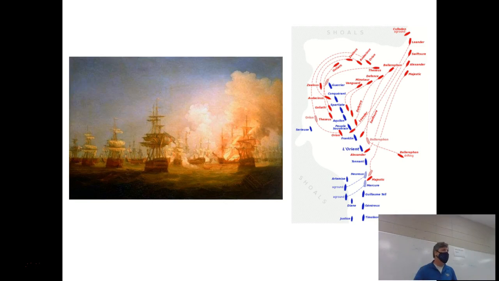Napoleon was a brilliant commander in the field. He was a brilliant commander when it comes to armies. He was woefully incompetent when it came to navies. And the British Navy always made a meal of the French Navy during the Napoleonic era. And this is an example. The Battle of the Nile involved the British Navy coming in. They blew the French Navy to shreds.